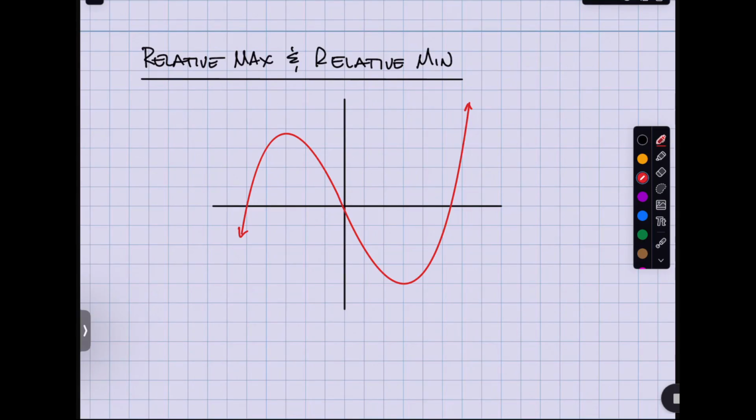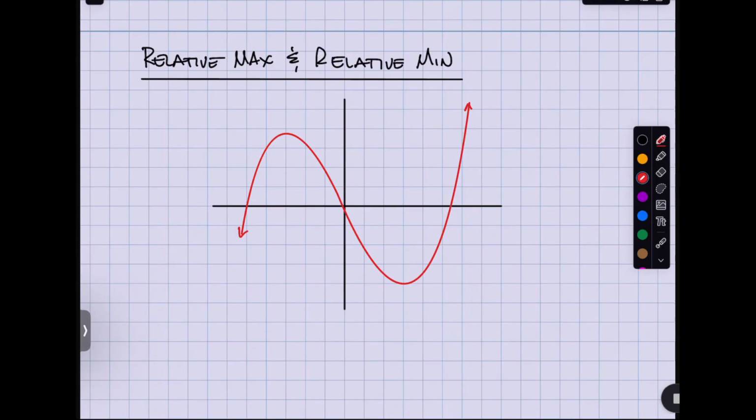There's not much to talk about with relative max and min. So if you look at this graph, the arrow on the right says that it's going to go to positive infinity. Is that correct? That means there are numbers that are going to be larger or taller than that peak.